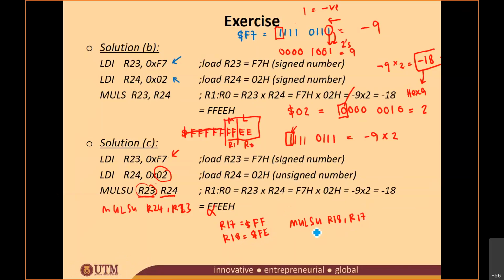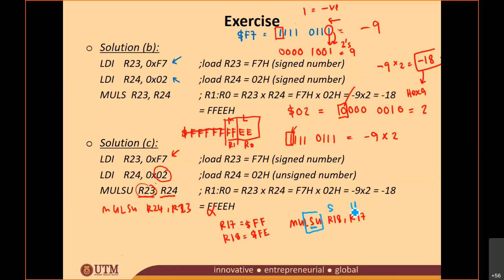R18 is your signed number, while R17 is your unsigned number. We need to refer to this order, SU. The first one is the signed number.